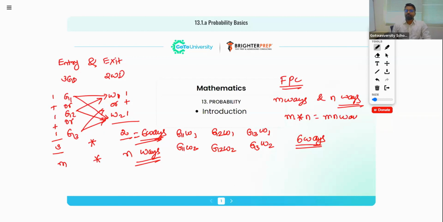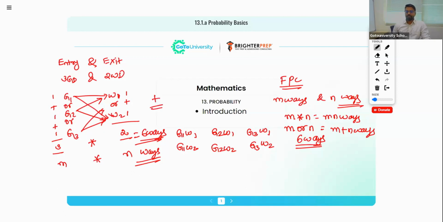Suppose you want to do only one of them, either of them, that becomes m plus n ways. A simple way to understand is wherever 'and' is there, you multiply. Wherever 'or' is there, you add. So that is the fundamental principle of counting.